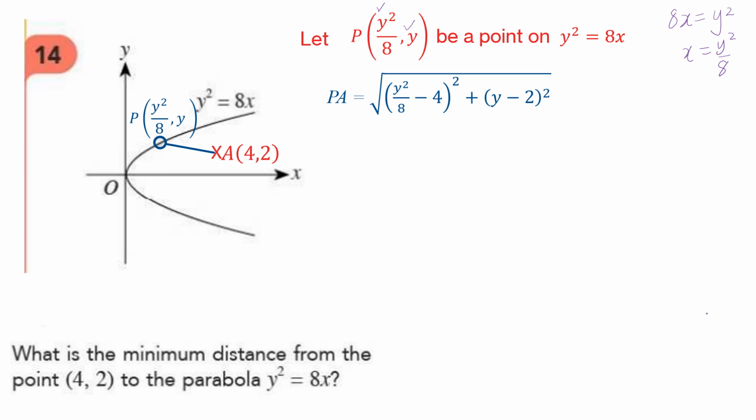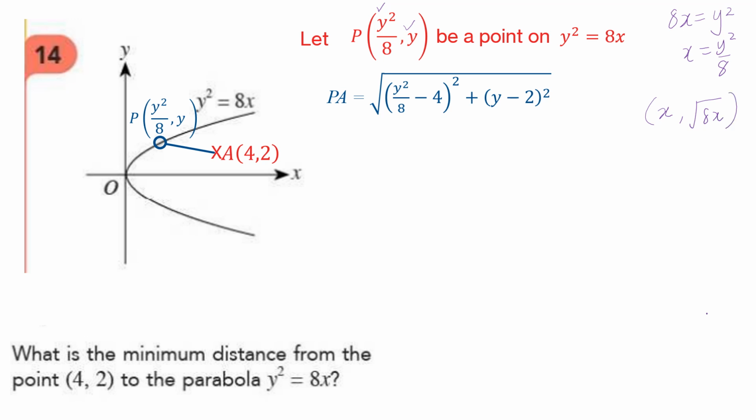I tried letting it be in terms of x and it's horrible. The differentiation is horrible. So I will not advise anyone to let the x coordinate be x. I actually tried to do that, let the x coordinate be x, and then your y coordinate will be square root of 8x.